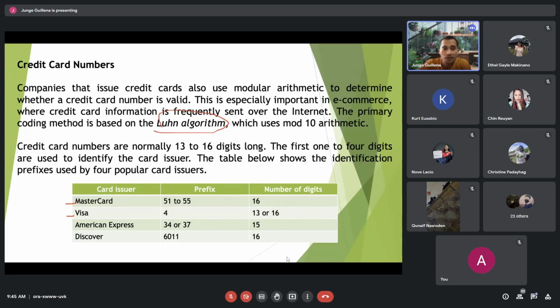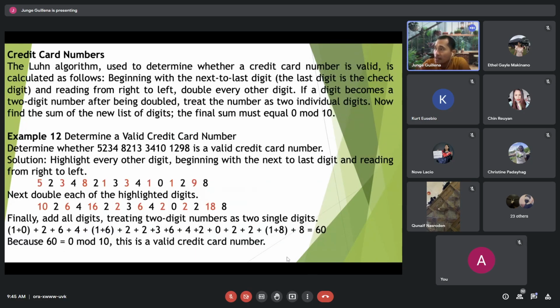Visa starts with 4, regardless of the next digit after 4, and the number of digits is either 13 or 16. Then you also have American Express and Discover, which are not common in our country.